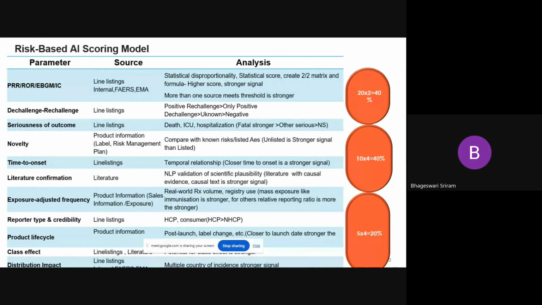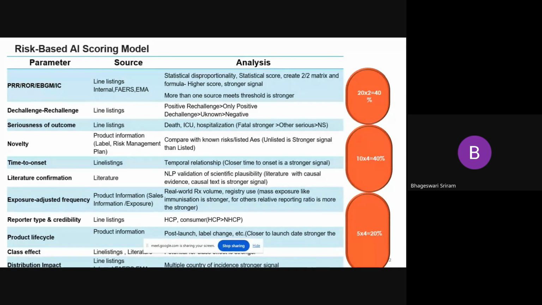Right? Now, in an attempt to create a risk-based AI scoring model, I've just split the parameters. What we've seen so far in the SIOP working group, the eight recommendations and the impact and all the different recommendations, I've broken down as parameters or measurable criteria.